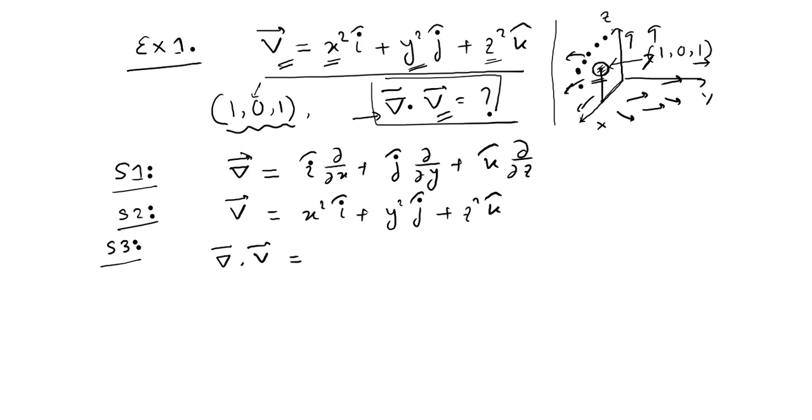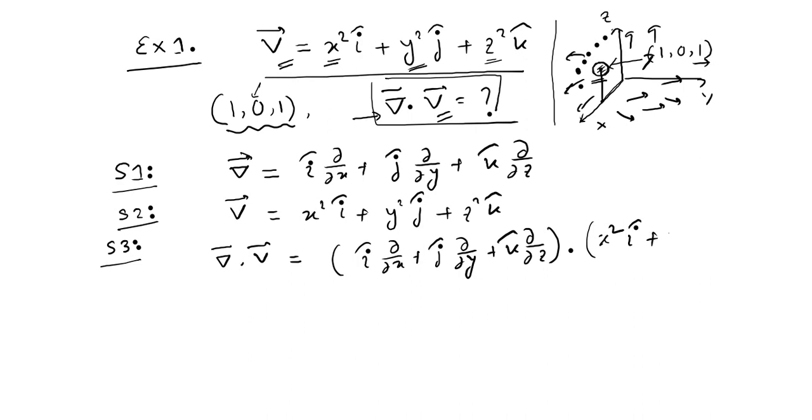So write down this: i cap del/del x plus j cap del/del y plus k cap del/del z. This is the expression for nabla, which is dotted with the vector field, that is x square i cap plus y square j cap plus z square k cap.